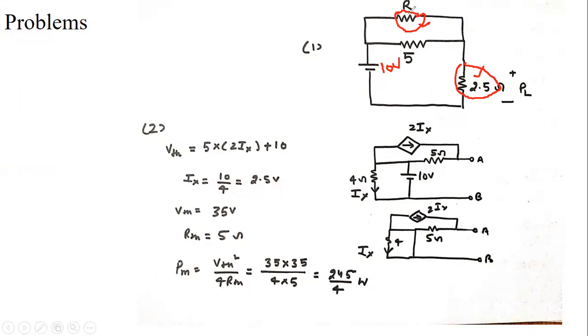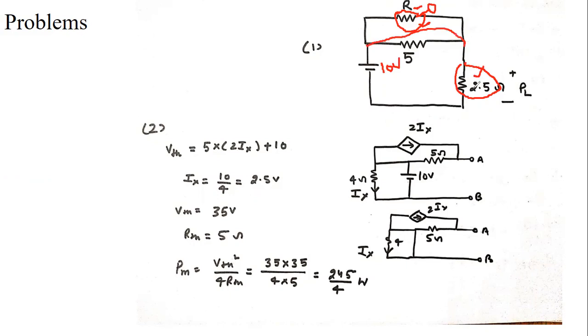Do not take it as 5, because 5 parallel with 5 is 2.5, we think that the power is transferred. So for the maximum power transfer, if we have the control to reduce the source resistance, try to make the source resistance 0. So we will take the value of source resistance 0. So this resistance 0 makes the short circuit.